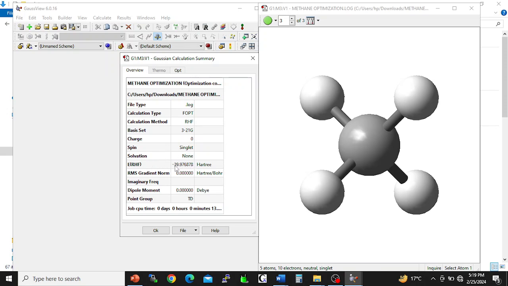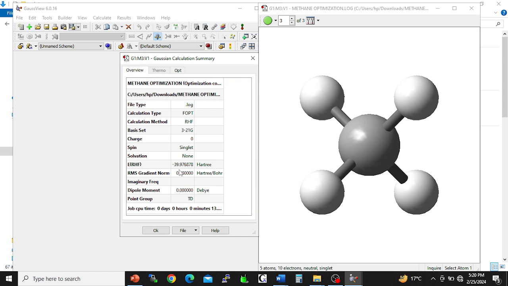Now, this is the energy of this methane molecule in Hartree units, 39.976878. And you should bear in mind that 1 Hartree is equal to 627.5095 kilocalories per mole. Now this absolute number here is meaningless because it involves all the energies, like kinetic energy of nuclei, kinetic energy of electron in carbon and hydrogen, and their electrostatic interaction.